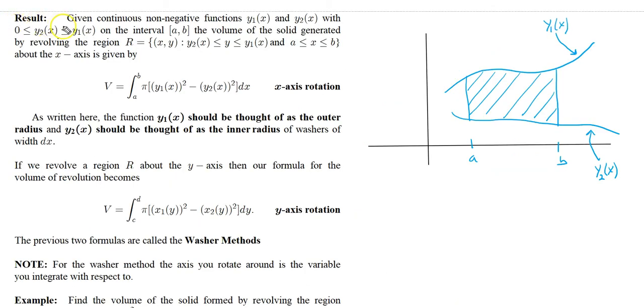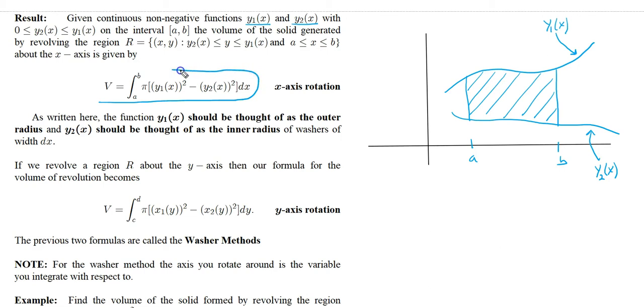So here's a statement of our result. If you're given two continuous non-negative functions, y1 and y2, with 0 less than or equal to y2 less than or equal to y1, so in other words the y2 curve is below the y1 curve on the interval [a, b], then the volume of the solid generated by revolving the region R, which is between the two curves for x between a and b, is given by this result down here.